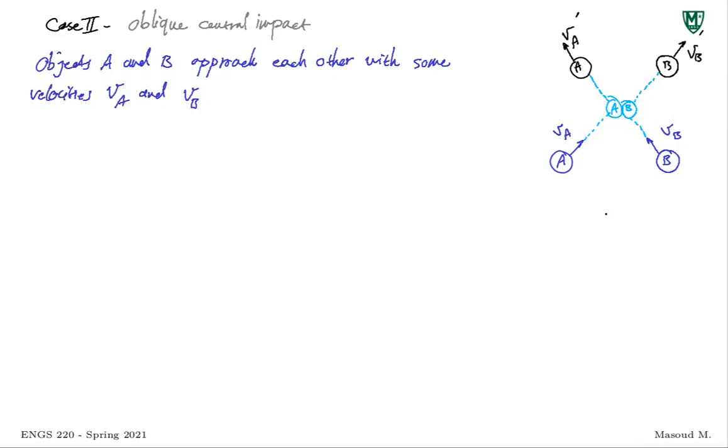So if they come like this and they go like this, the force A applies to B and B applies to A are on a line. I think that's the line of action, the line of impact, we call it. So we can draw it like this. You can look at it as XY axes.